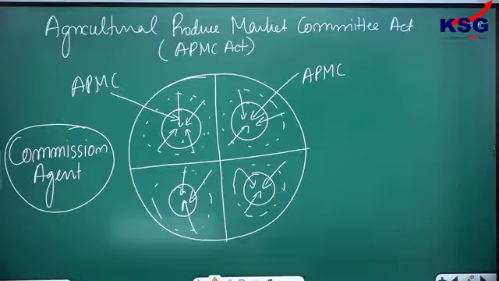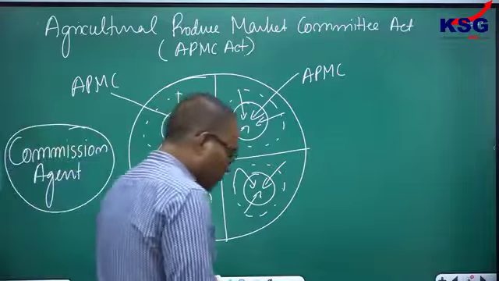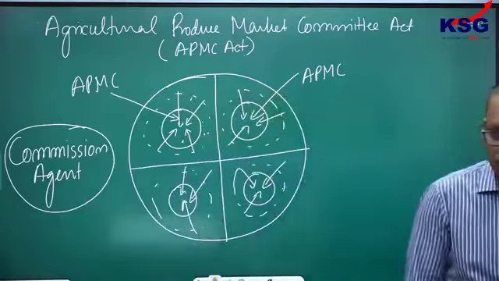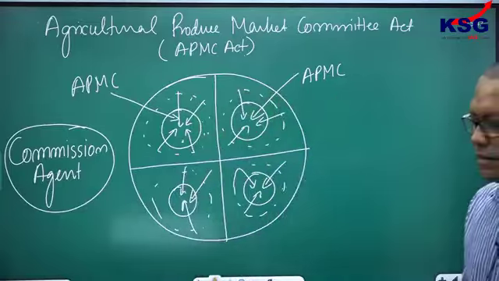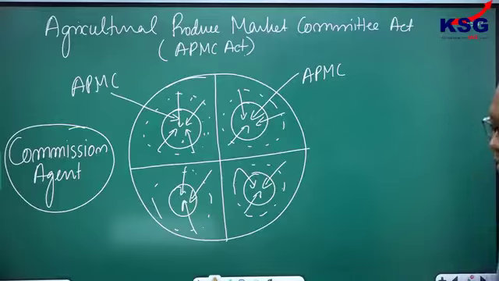Second point, write single point of market fee. Next point, write electronic auction for transparent price system. Next, easier norms for getting trading license.